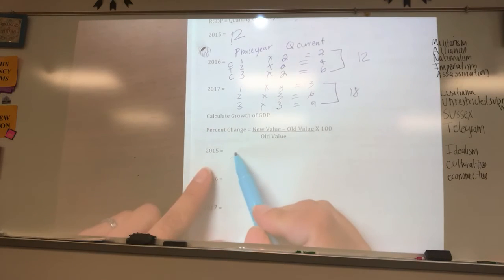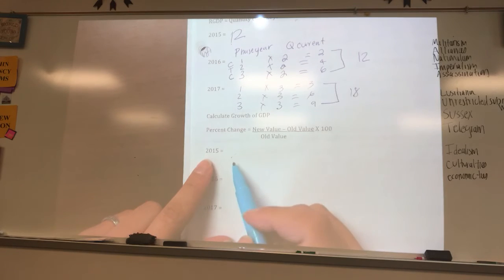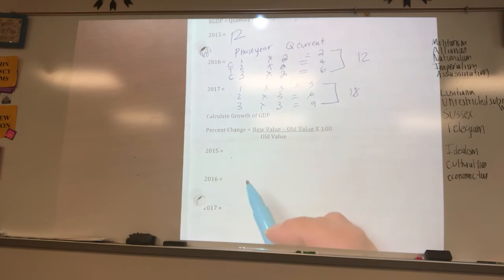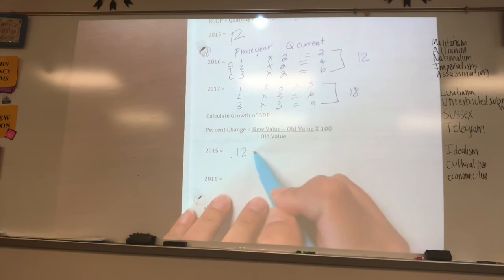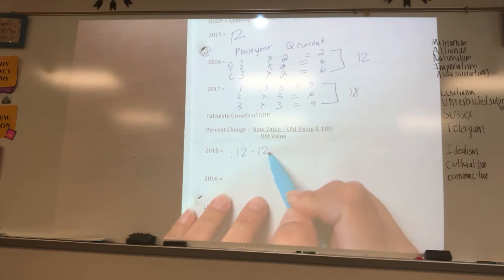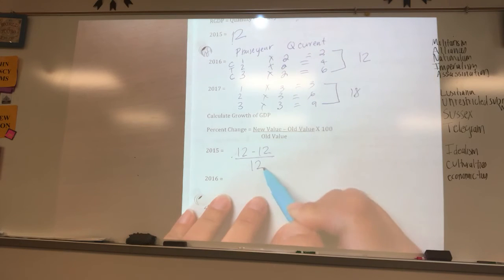In this one, we're going to use the real GDP. So I'm going to show you this one for the base year. I take the new value, which is 12, minus the old value, which is the base year 12, over the 12, and that gives you what?